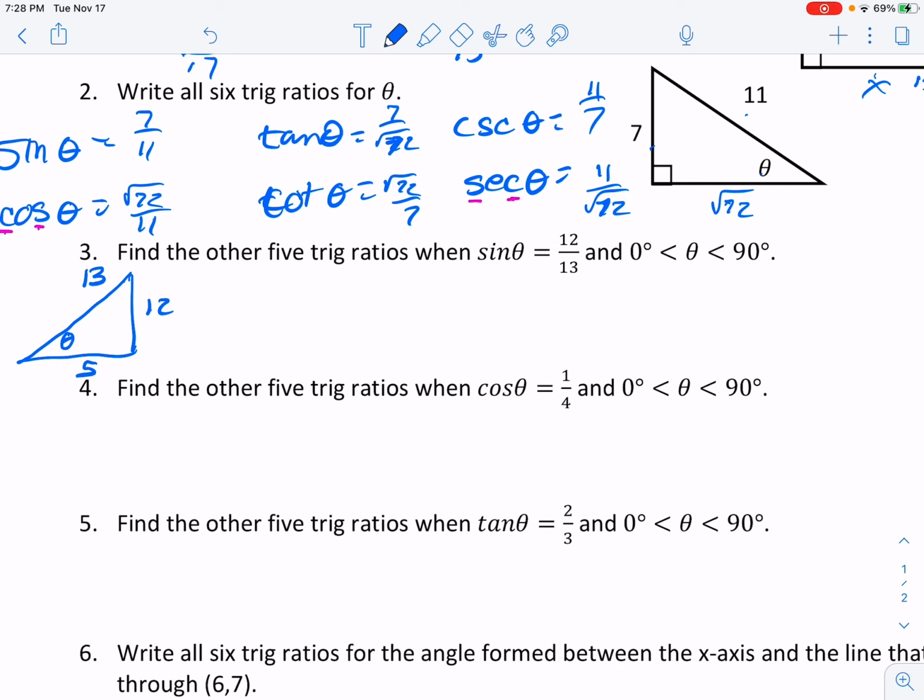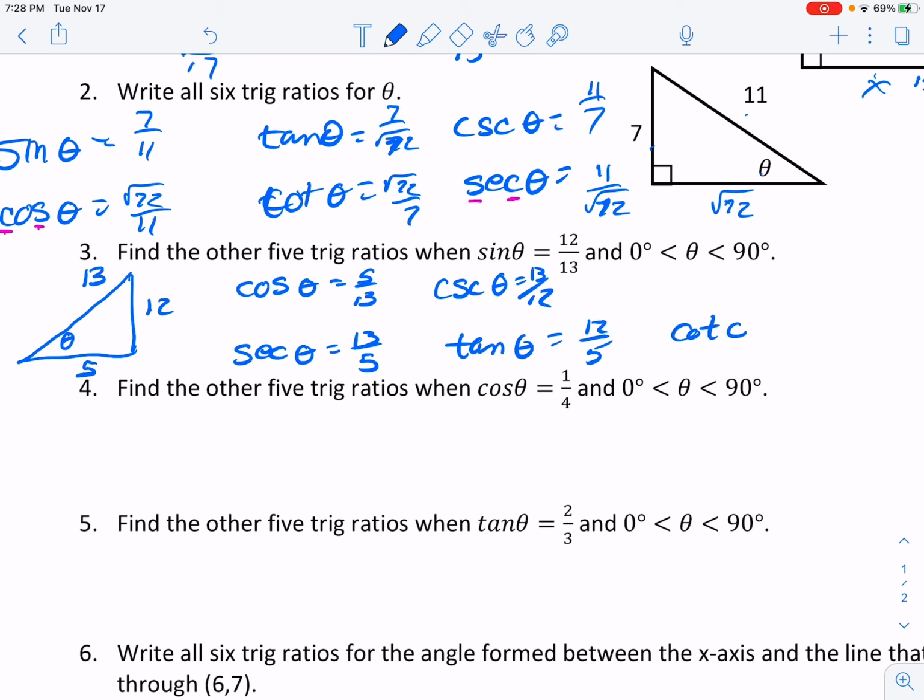Well, there's another triple for you: 5, 12, 13. Okay, so now my cosine is 5 over 13. The secant is the reciprocal, so let's do that one. The cosecant is 13 over 12. Tangent is 12 over 5. And the cotangent is 5 over 12. You see how I did?